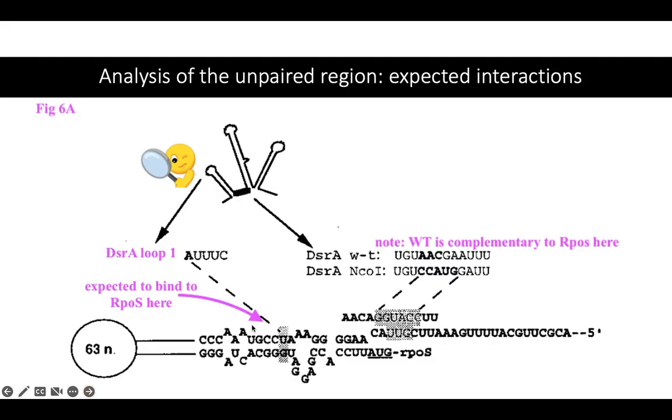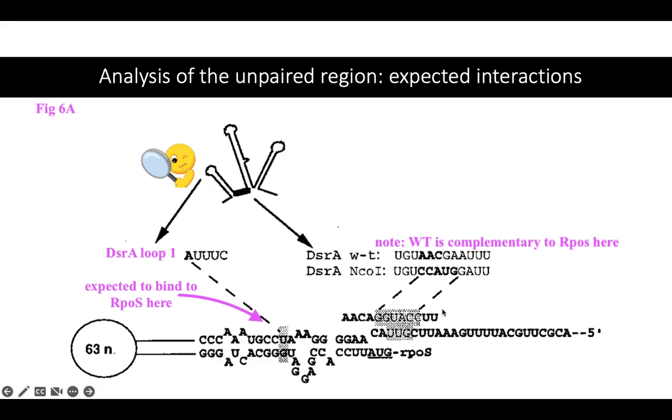So let's just go ahead. I know there's a lot to unpack here, but we'll get into it. So we're looking at sort of the expected interactions between our DsrA and our rpoS. So if you look, this little section here, which is the place where we put that restriction site, see there's the wild type sequence there, and there it is with the restriction site.